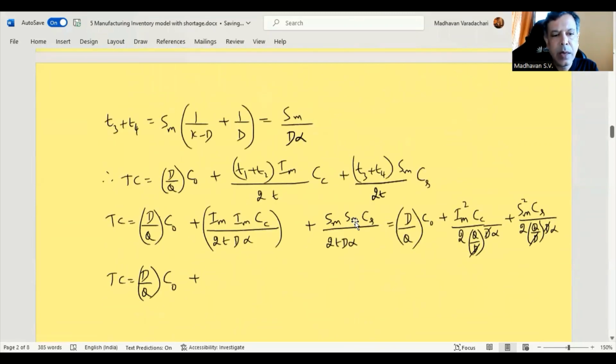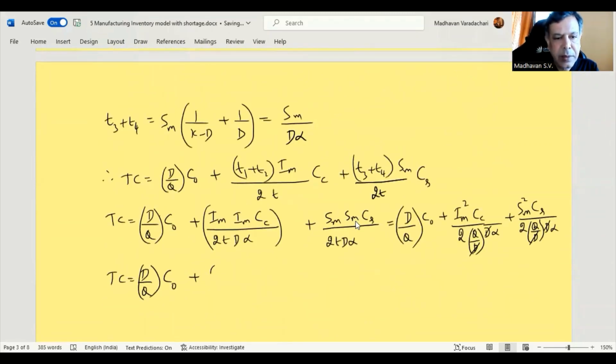So instead of IM, I will replace it by Q alpha minus SM, the square times Cc divided by 2 times Q alpha. Here we'll retain SM as SM only, so SM square Cs divided by 2 times Q alpha.